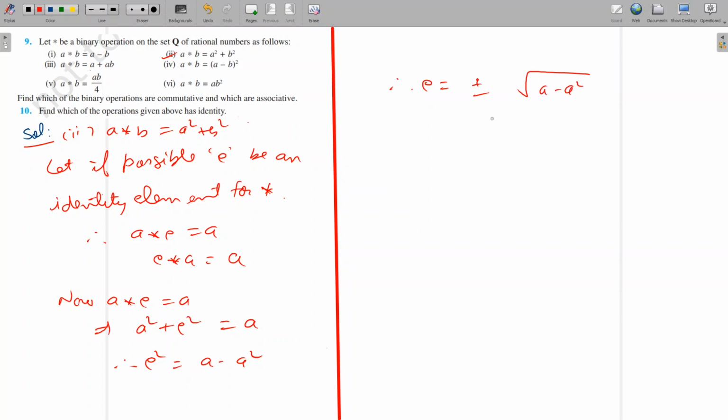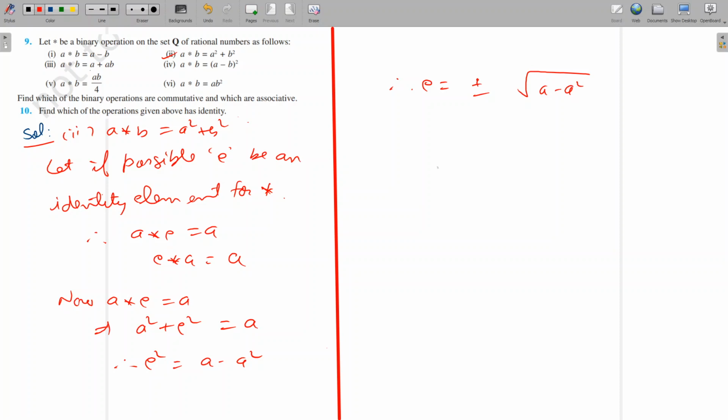Here we can see that there are two values of E, one plus and one minus. Also, A minus A square is not fixed because A is not a fixed number. We can take any value of A from the set of rational numbers. So E is not a constant, not a fixed number. That means there is no identity element for star.